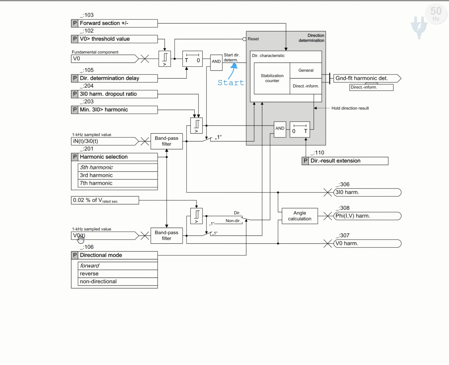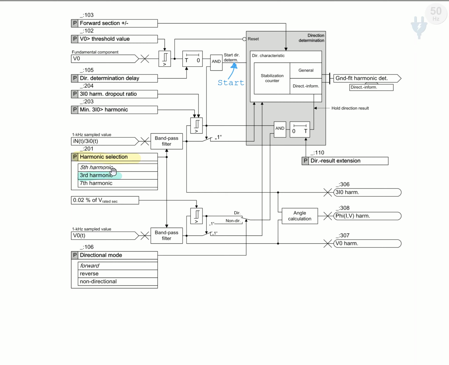Initially, the instantaneous values of the zero sequence voltage and zero sequence current are sampled at 1 kilohertz, and those sampled values are supplied to bandpass filters. We select which harmonic should be utilized, the fifth harmonic or the third harmonic.